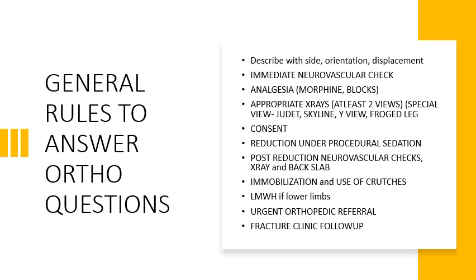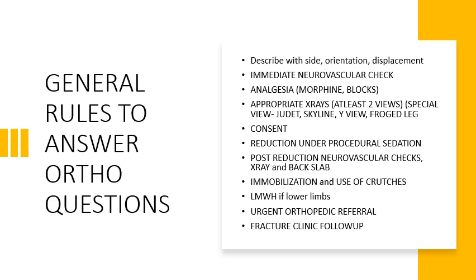Please do not forget to mention neurovascular status of the distal part of the affected limb. Analgesia: remember your morphine, your nerve blocks. Always remember your nerve blocks in orthopedics. Just don't write analgesia. As I said previously also, you need to write what you're going to give.